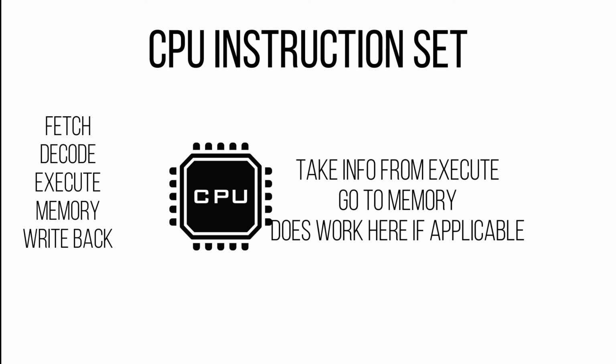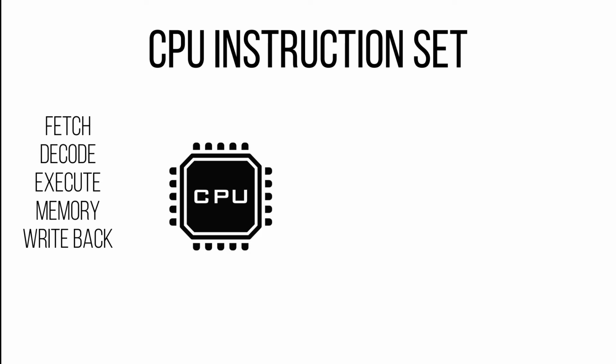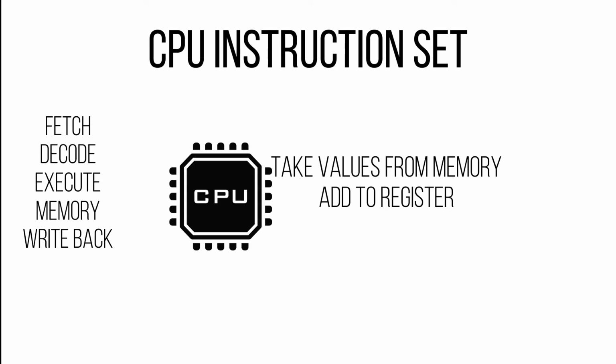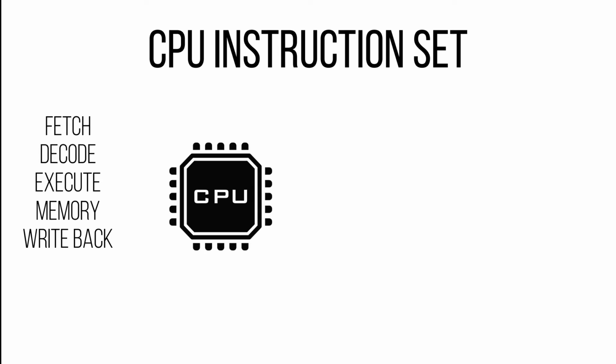Memory is where, for instructions that require a memory read-write operation, it'll do that at this point in time. And then it'll do what's called a write back, so it'll write the results of the instruction back into memory. So what this means is the CPU will try to learn to remember how to do this same instruction set again later, so that way it doesn't have to pull that information from the RAM or the hard drive.